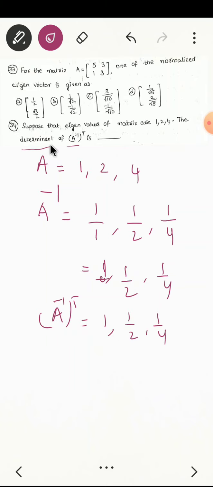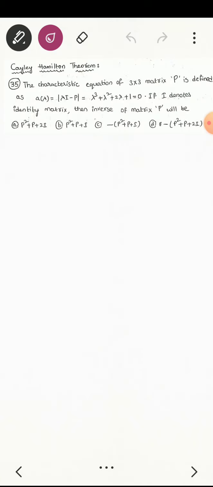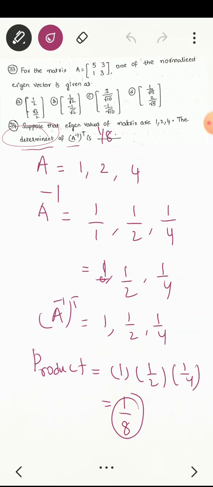Then they are asking for the determinant, which is the product of the eigenvalues. So 1 into 1 by 2 into 1 by 4 is 1 by 8. So the answer is 1 by 8. We have to enter the decimal value in the calculator. From the next video we will be starting the Cayley-Hamilton theorem. Thank you.